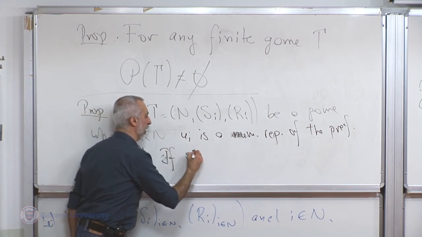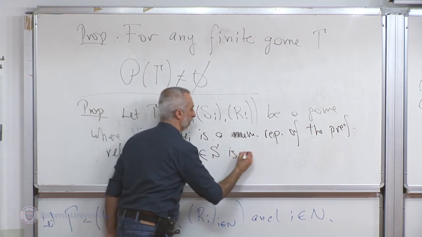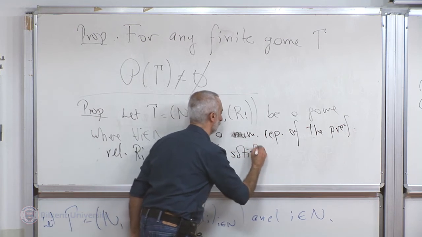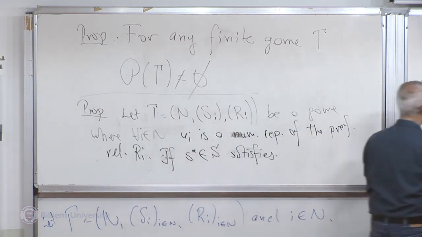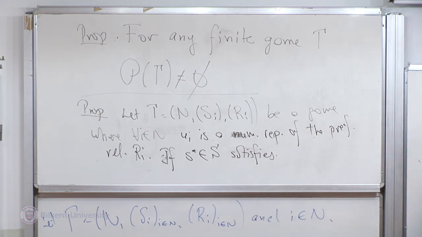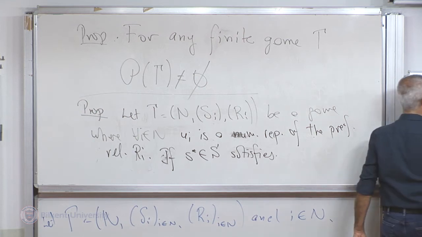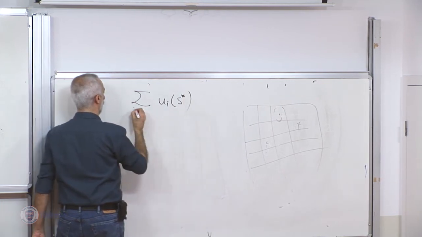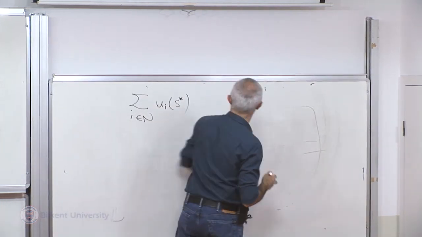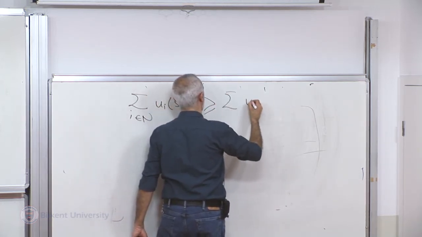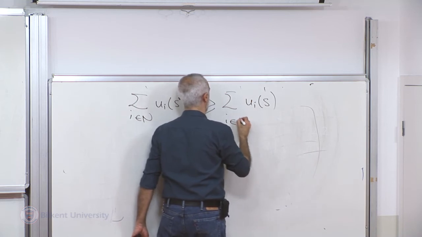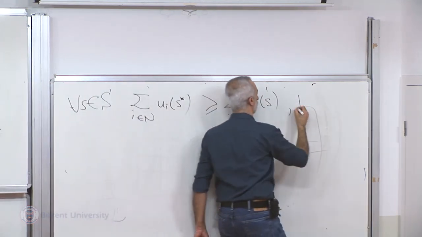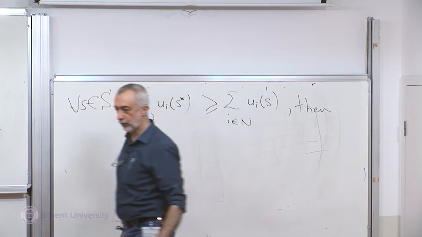If a profile S star in S satisfies the following: the summation of Ui of S star, i in N, is greater or equal to the summation of Ui of S, i in N, for any strategy profile S. Then what holds?